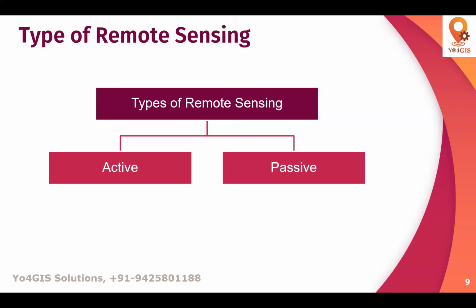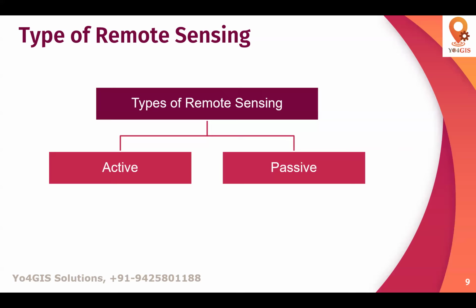Light is very important means if light is not there, then we cannot take the photo. The concept remains the same. The only difference is the terminology.